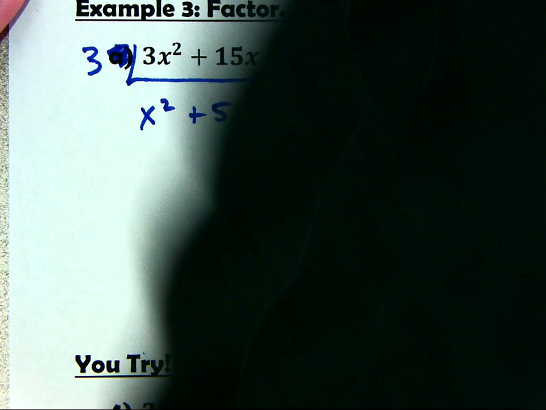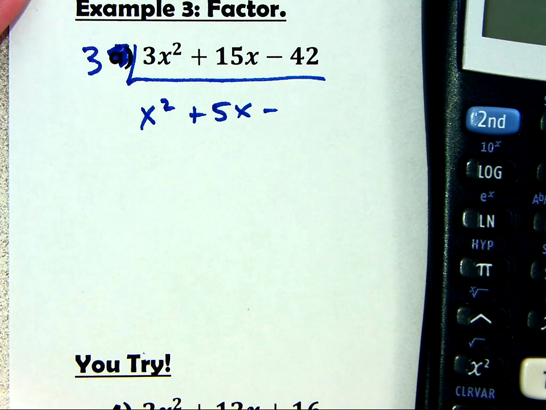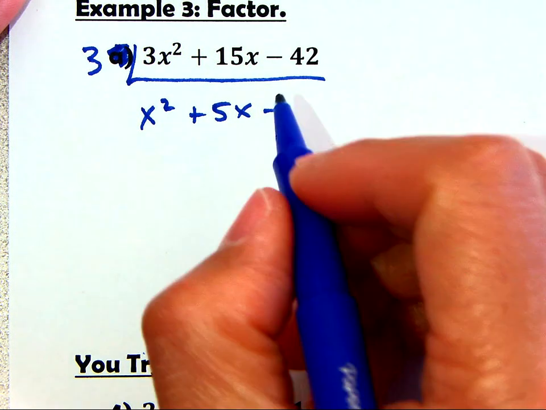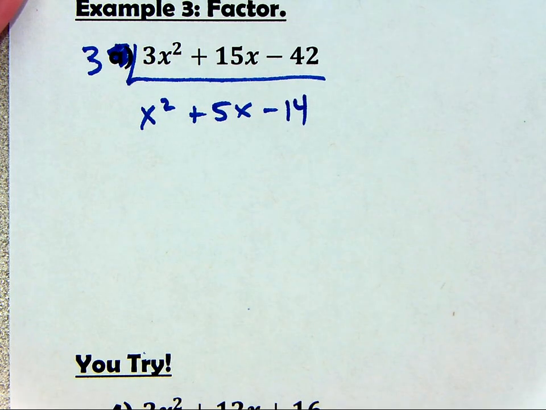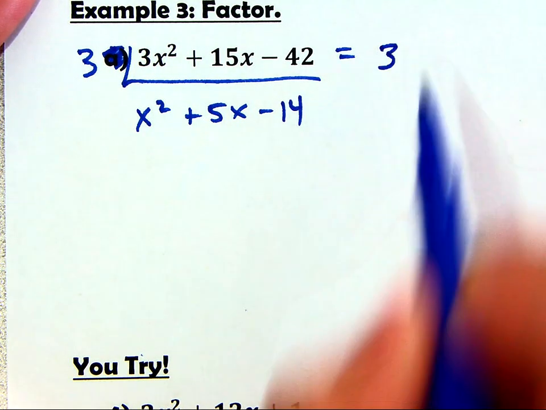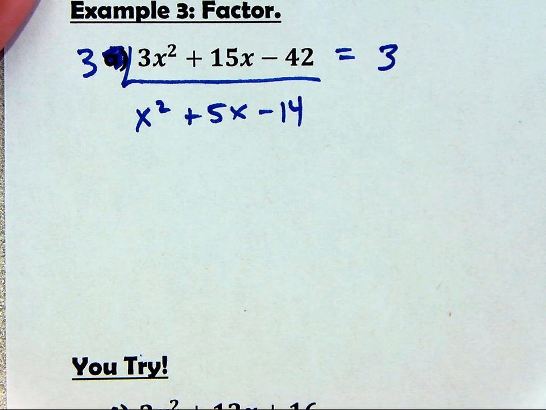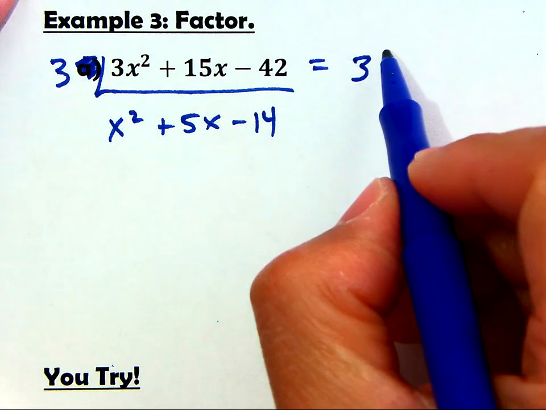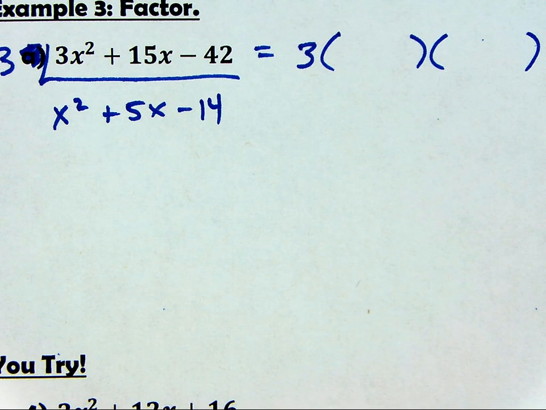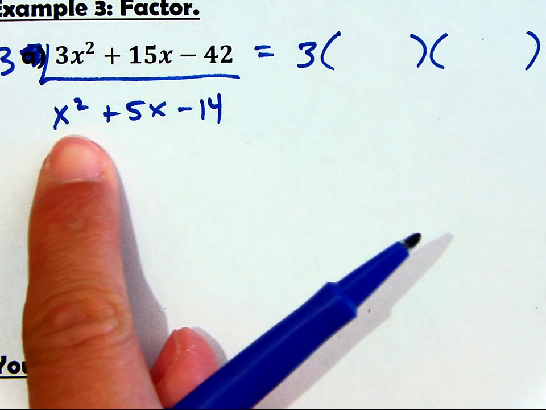I better check. Don't want to make a mistake. 42 divided by 3, yes, it's 14. So right away, we know that 3 is going to be part of the factorization. But the rest of the factorization is going to come from performing the box method, or the area model, on this polynomial.